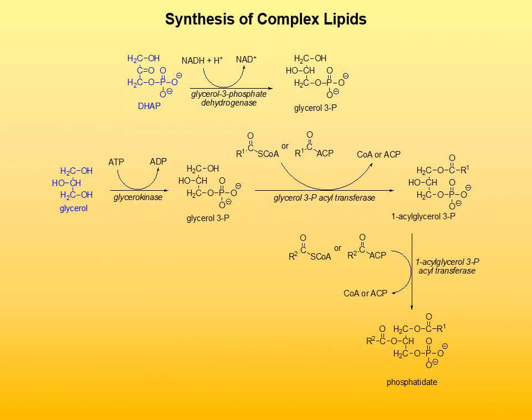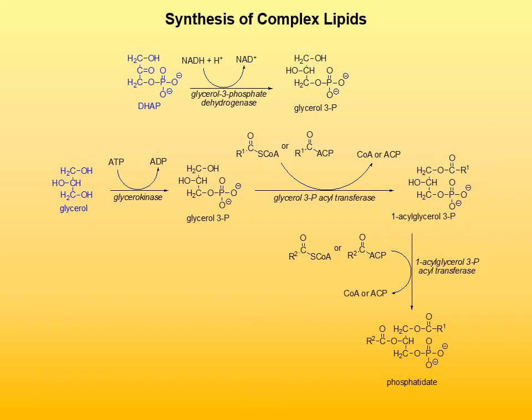Biosynthesis of phosphatidates is the first stage in synthesis of complex lipids. Suitable precursors are glycerol or dihydroxyacetone. Dihydroxyacetone is a product of glycolysis, and as a product of glycolysis, it leaves glycolysis as dihydroxyacetone phosphate.